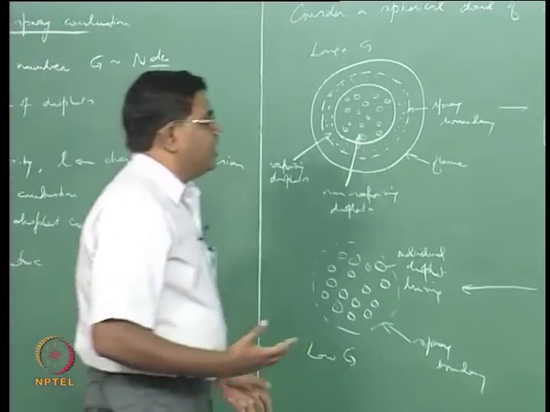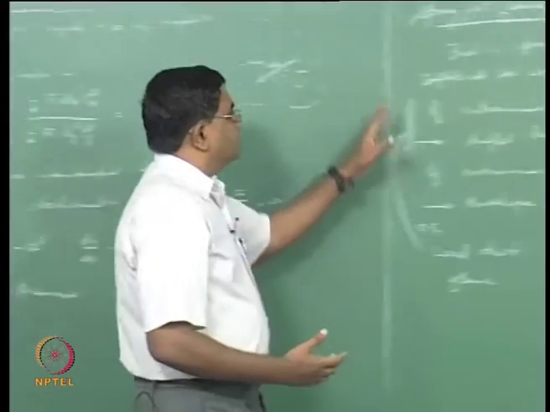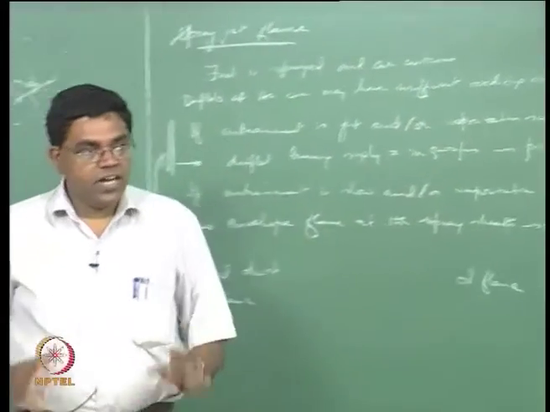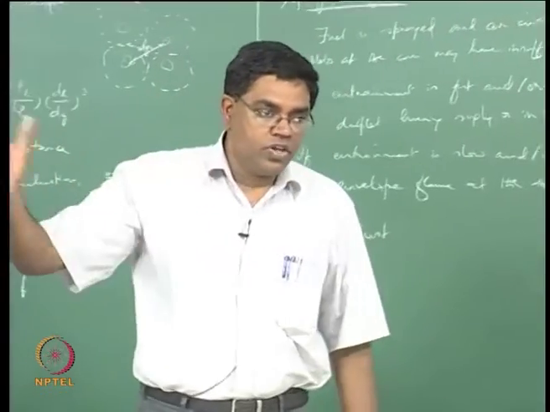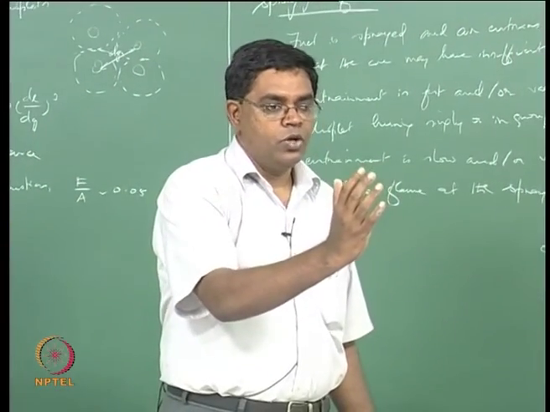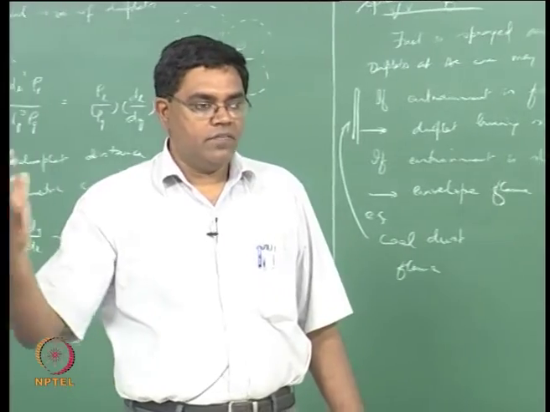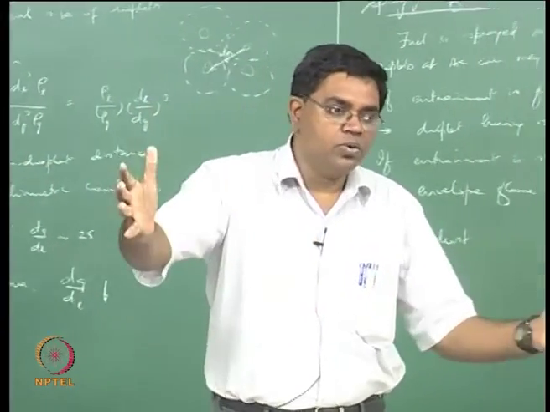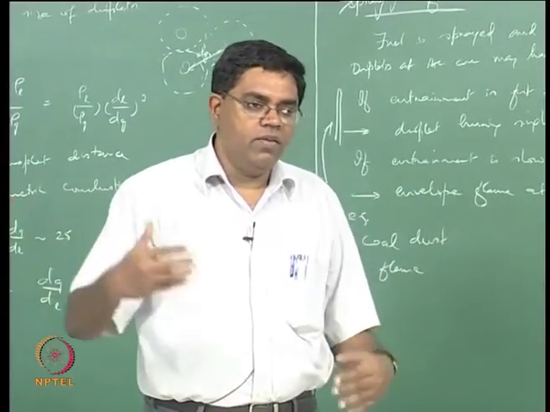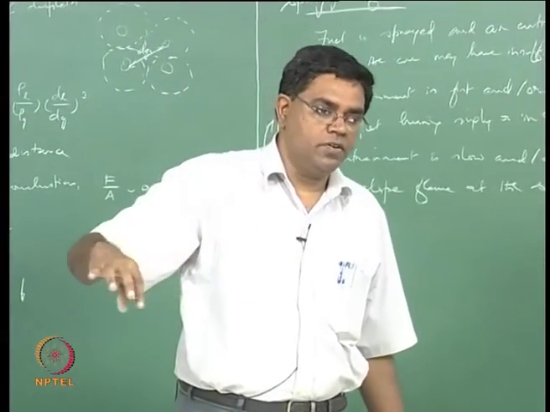But what happens in reality for something like a spray jet flame? The answer is, in a spray jet flame you now have a flow field with a variable G. So you start with something like a very dense spray that is just beginning to atomize and then spread out, and then you now have more and more entrainment that allows for individual droplet burning further out.